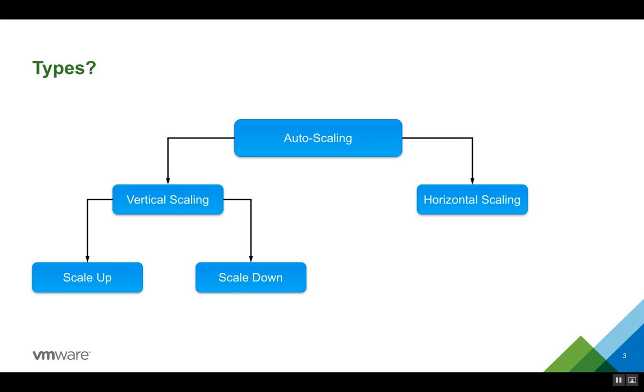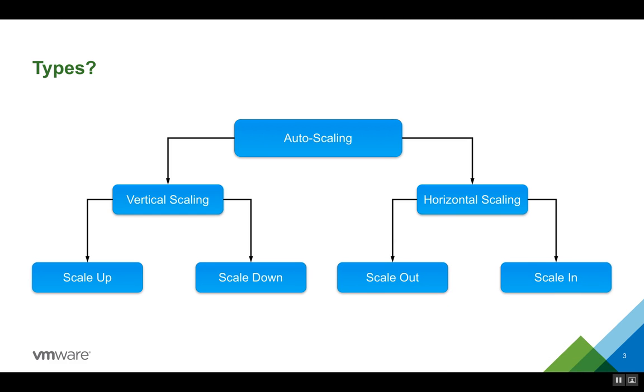The moment the load goes, say I'm monitoring for a certain time, and I see that it does not require that much workload, I can simply scale down. That's vertical scaling. I'm not scaling horizontally, I'm just increasing the resources on the same node. And then horizontal scaling, where I either scale out or scale in. Scale out means it had two nodes, for example, and the cluster will now have three nodes, four nodes.